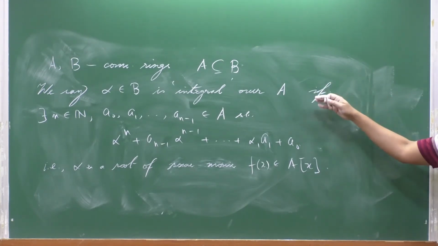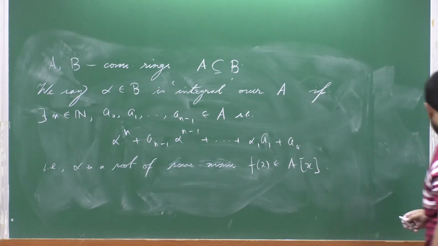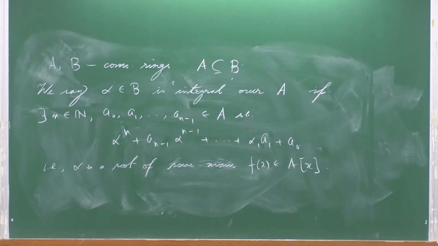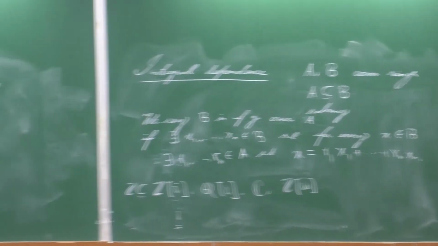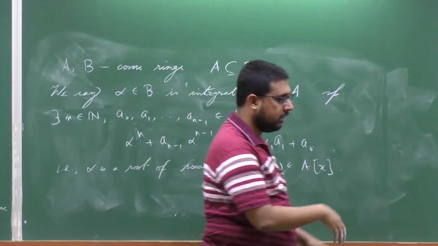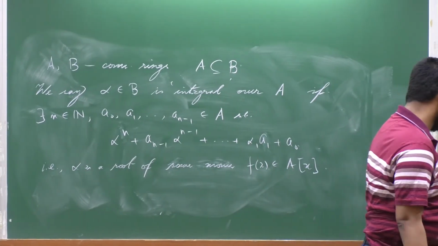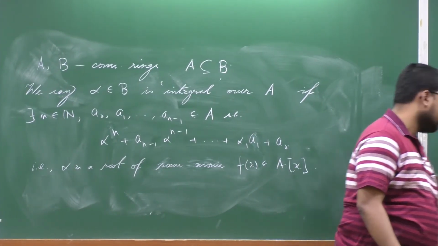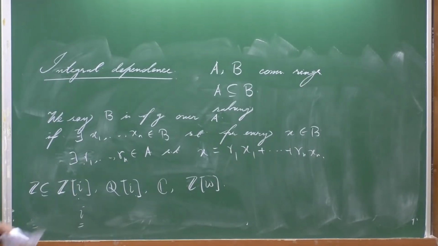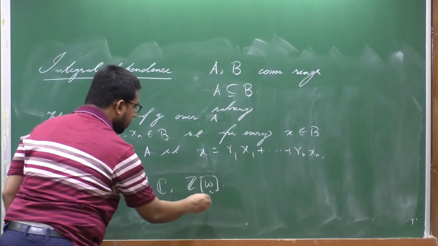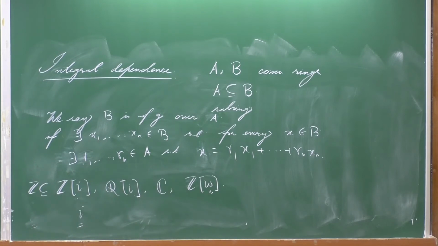You can immediately see that this terminology includes all these examples. As I told you before writing down the formal definition, we are going to generalize these notions, that is, the elements which are roots of some monic polynomial over the smaller ring.